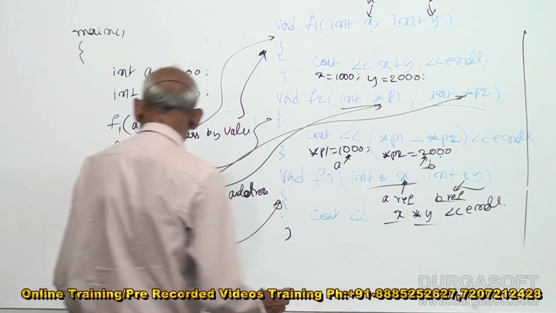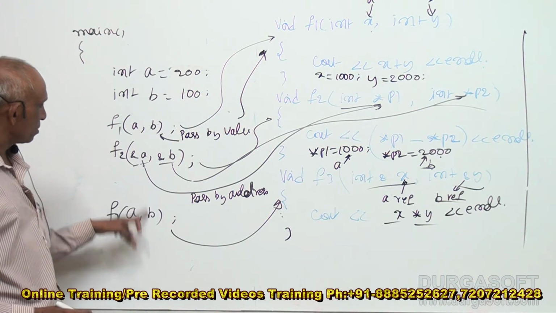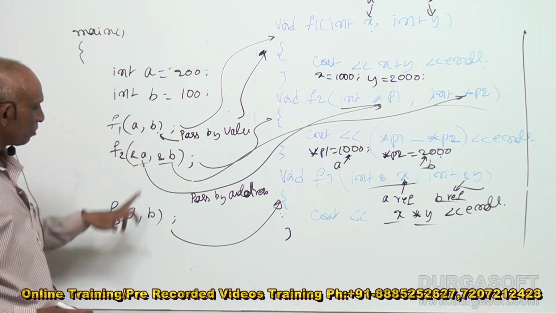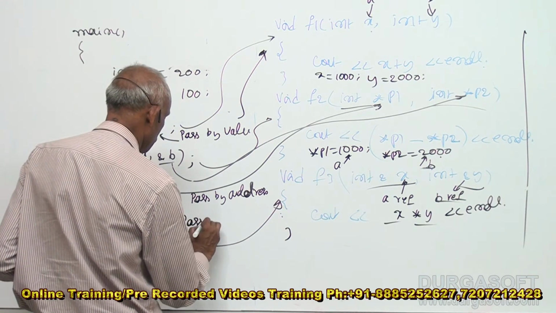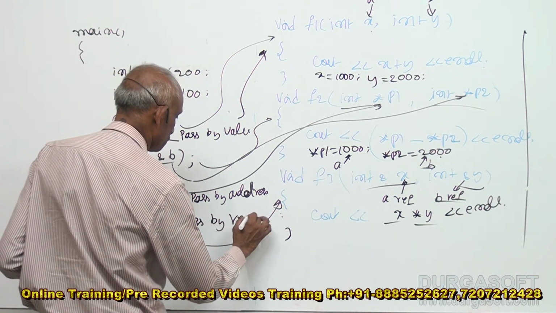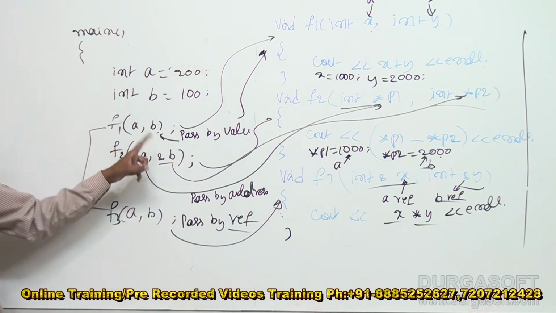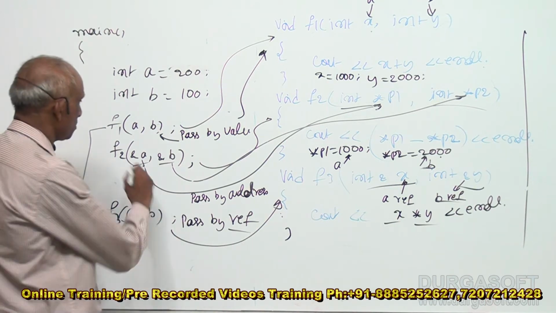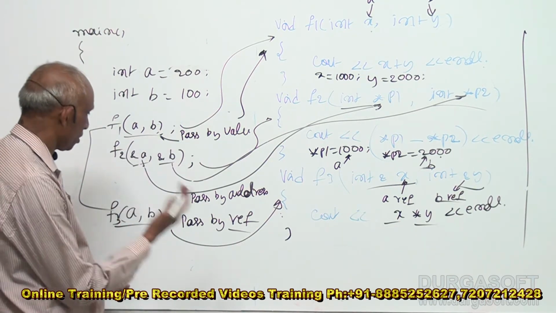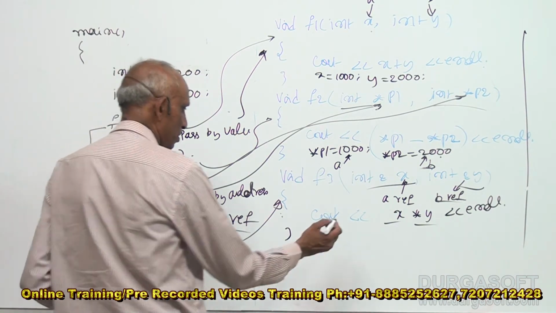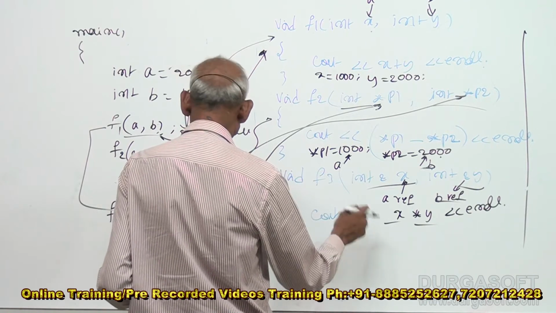But you can see, while calling, whether you are passing copies or references, there is no difference in the call. Here also a comma b, here also a comma b. You can't tell the difference: f1 a comma b, f2 a comma b. This is passed by value, this is passed by reference, yet the calls look the same. But in pass by reference, we can not only read, we can also modify.